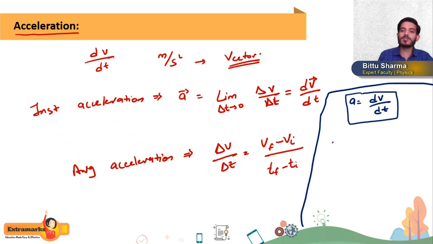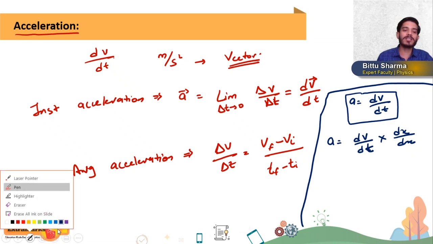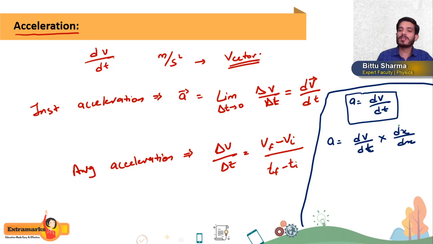But in this, students, if I multiply and divide by dx, then dx by dt will be V, so a equals V into dV by dx.